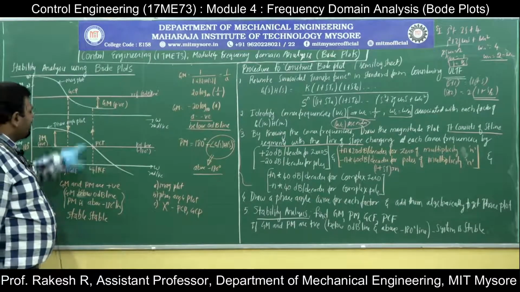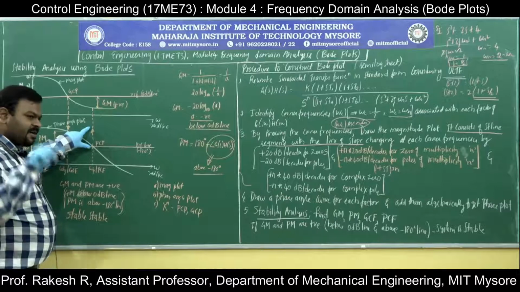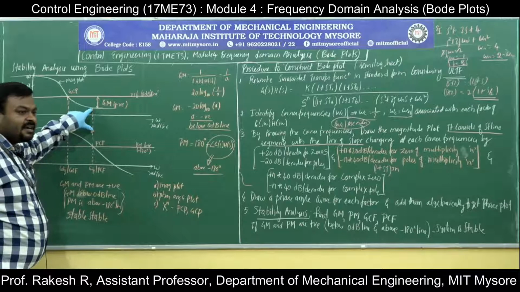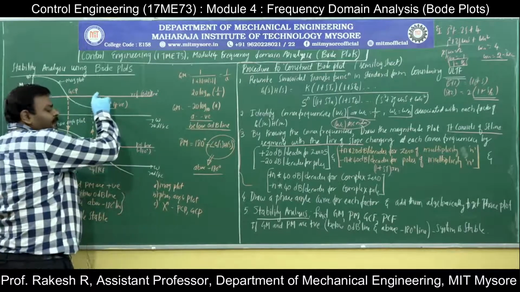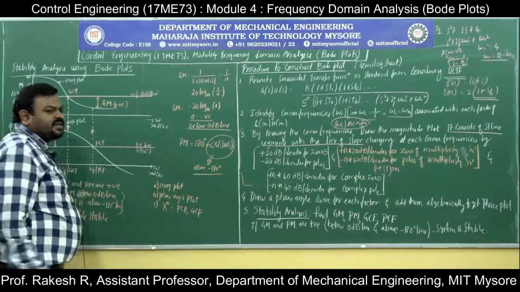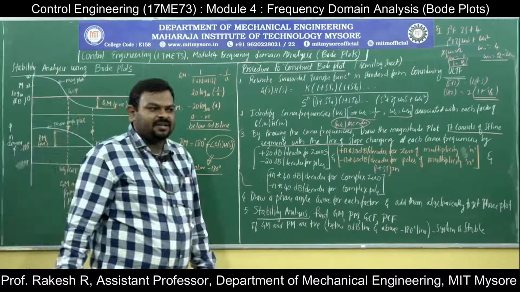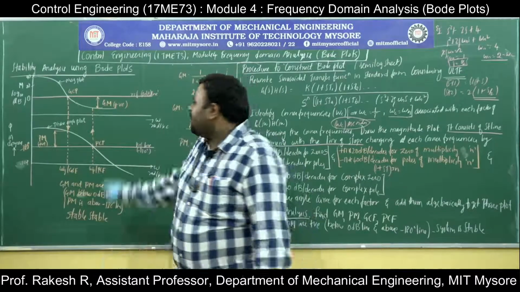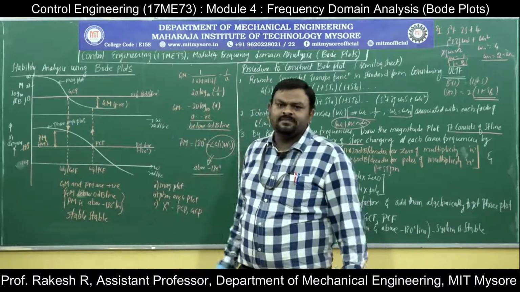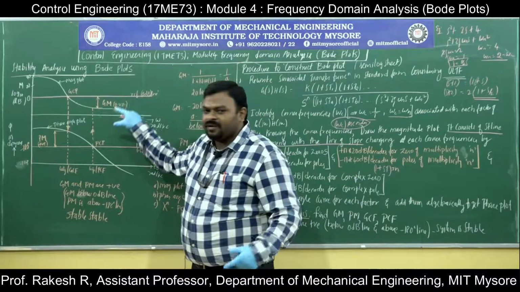The distance between the projection point of the phase crossover point and the 0 decibel line is called the gain margin. Locate the gain margin, count how many divisions, multiply by the scale, and you will get the gain margin. Phase margin, gain margin, got it.